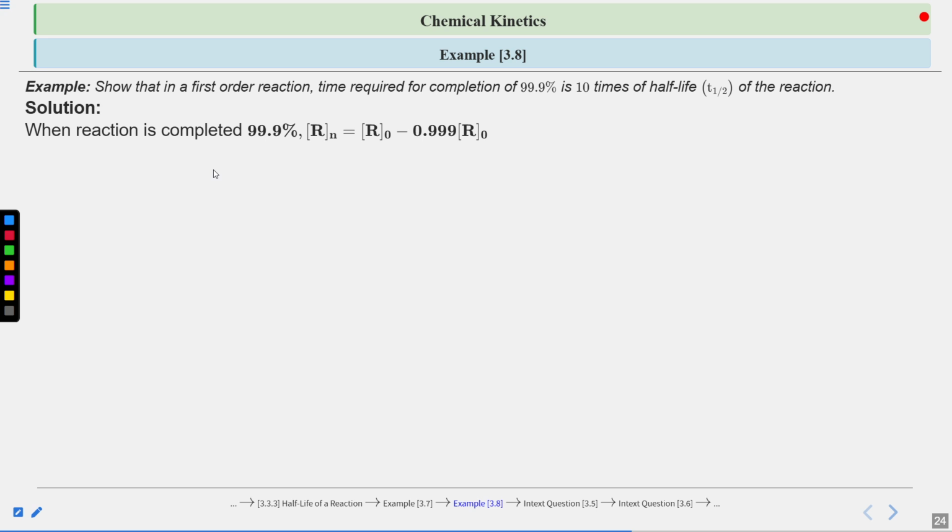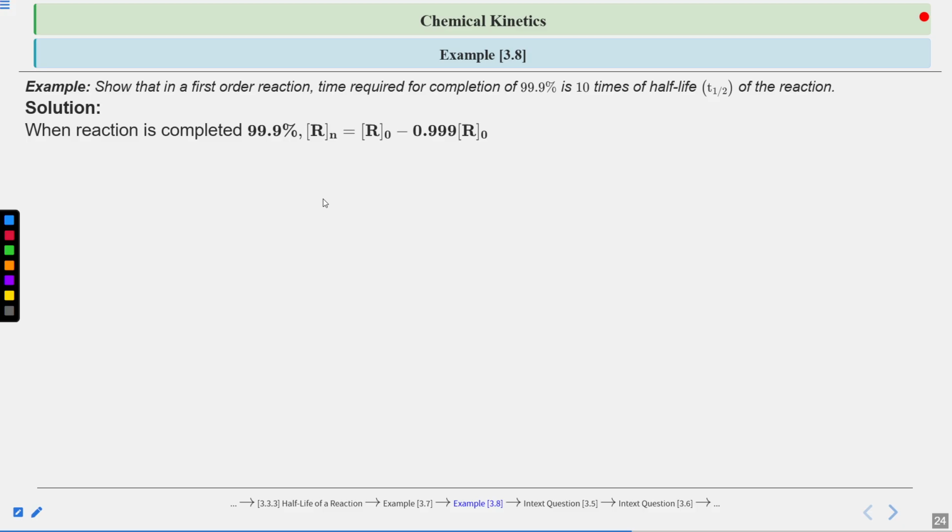When this is the case, you can consider the reactant concentration, that is R, equal to R naught, that is the initial concentration, minus 0.999 times R naught, right? That means from the initial concentration, 0.999 times the initial concentration is already subtracted. That is going to be our present concentration of the reactant. You got it?